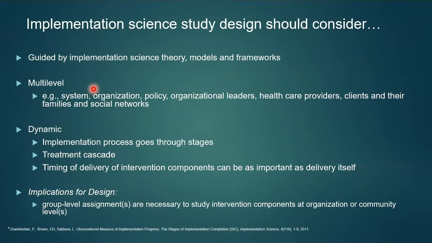In order for evidence-based interventions to be effectively and efficiently scaled up and scaled out, we need to inquire as to the barriers and facilitators at all of the levels and adapt the interventions to maximize their uptake at these levels. The levels might start with the traditional level in biomedical research, which would be the clients or patients and their families and social networks.